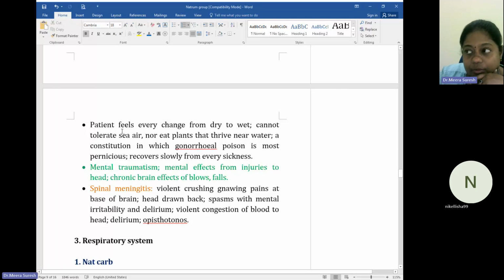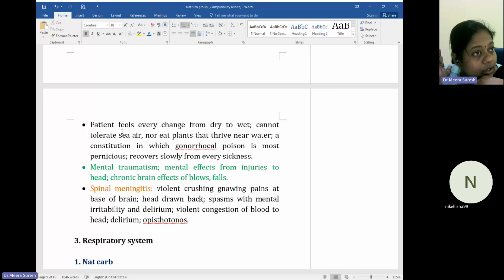So the head symptoms: natrum mur, left-sided, temporal or frontal region, and natrum carb from the gaslight, especially in the occiput, nape of neck region. And similarly, in case of natrum sulph, mostly from damp weather or dry to wet exposure, and also the mental traumatism after blow, and usually that will be happening in the basal region.